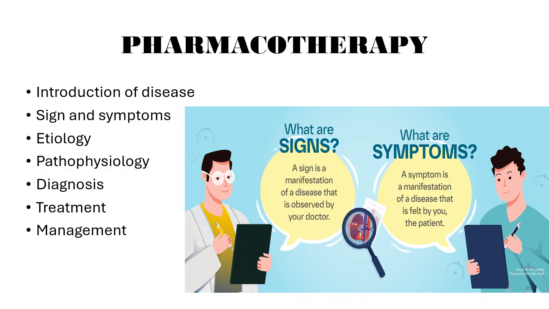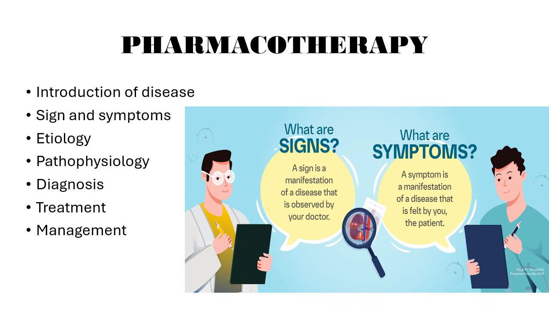Sometimes it may deviate the diagnosis also. How? Because sometimes the patient may not be able to explain it properly, so there is a chance that the physician may get confused about which way he's telling. But there the physician will use his knowledge, and by seeing the symptoms, he will look for the signs.